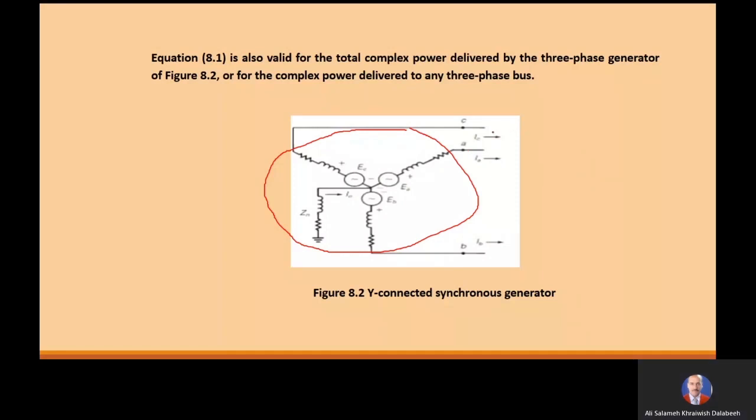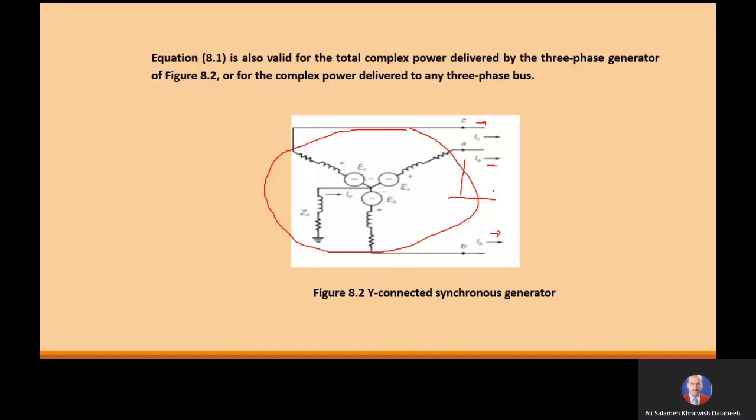So this system supplies power. This is the current in phase A. This is the current produced by the generator in phase B. This is the current produced by this system in phase C. And we also have three voltages.